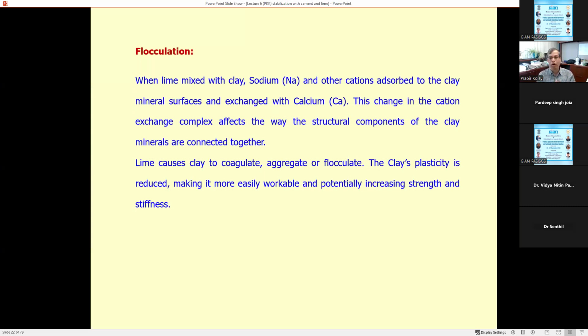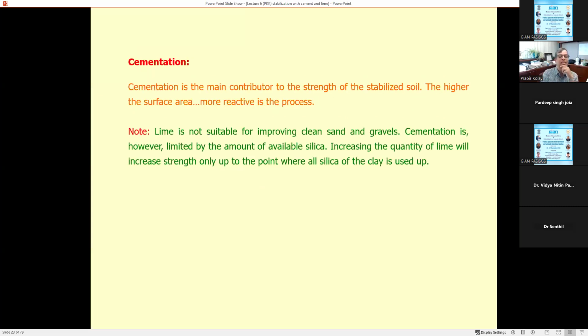Lime causes clay to coagulate, aggregate, and flocculate. The clay plasticity is reduced because of the reaction, making it more easily workable and potentially increasing the strength and stiffness. But again, lime is suitable for clay, not for gravel or sand. It is only suitable for clay or maybe a little bit of silt.